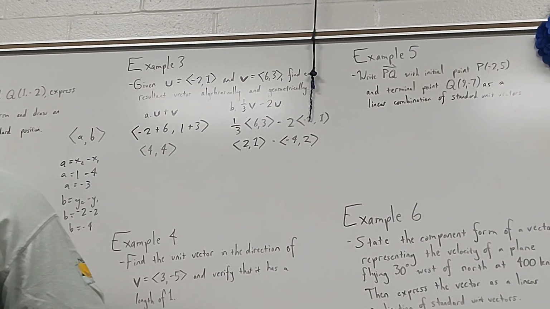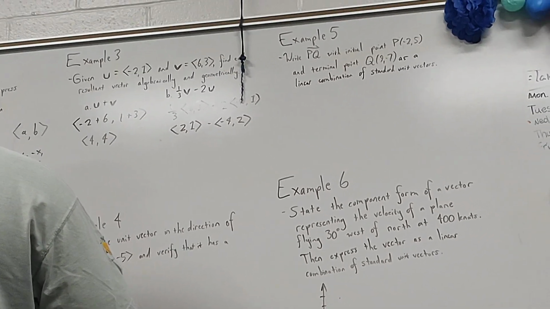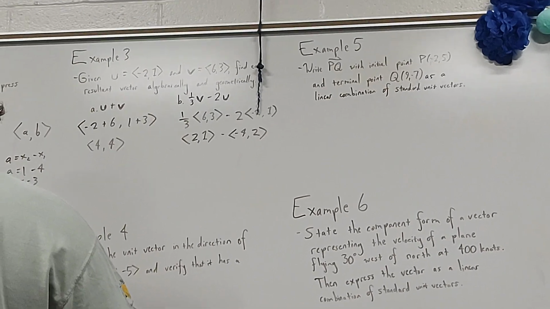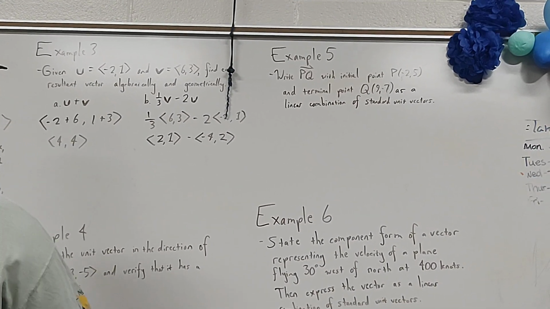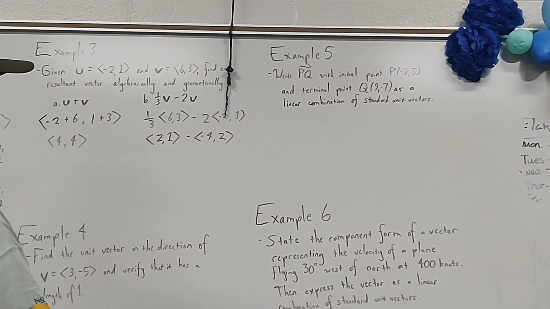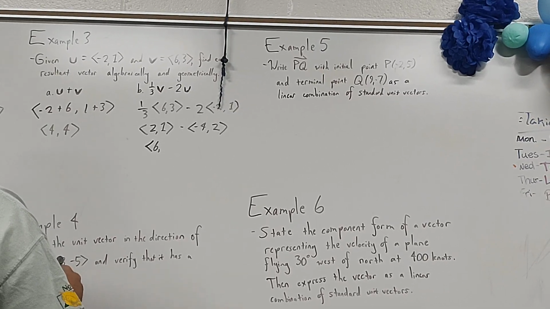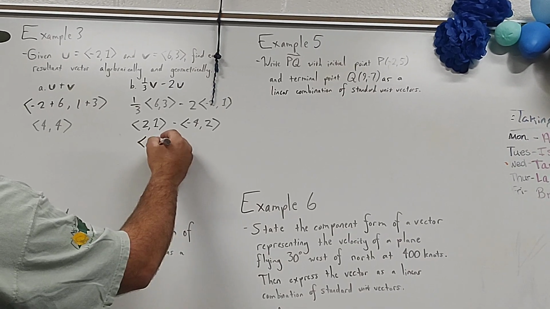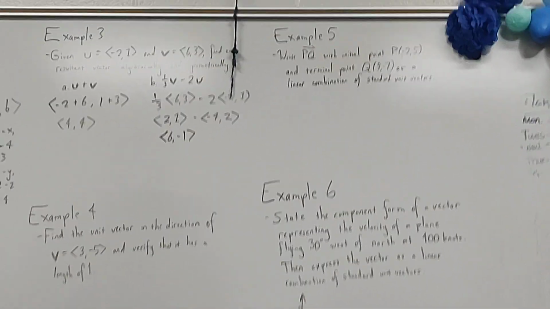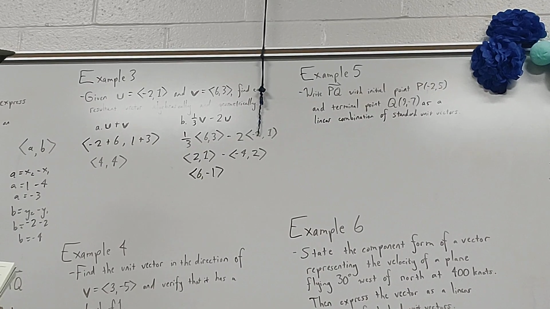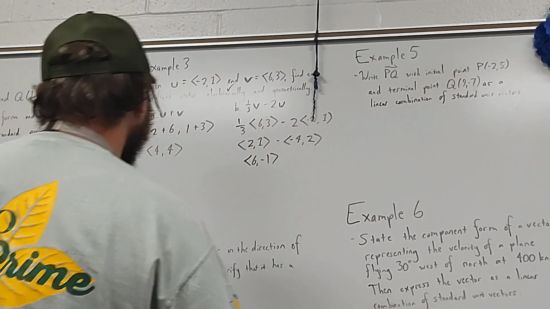And then we just subtract like we did beforehand. So 2 minus a -4 is a 6, and 1 minus 2 is a -1. Your book does multiply the negative. You can do it either way. But this is going to be both of your algebraic answers.